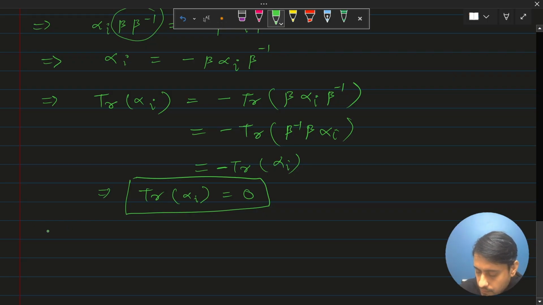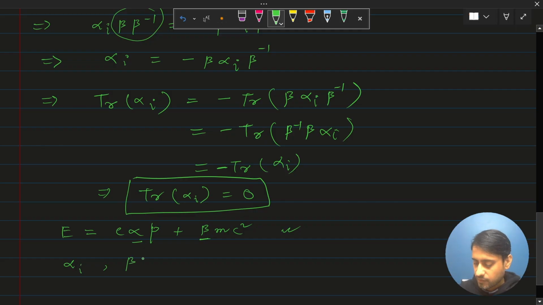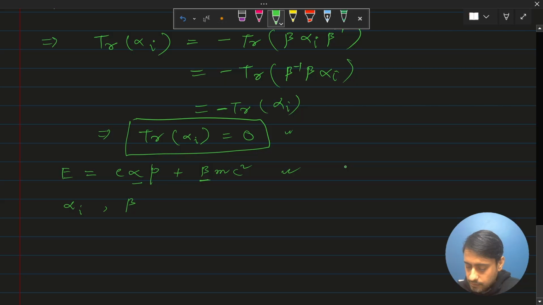We can say that after writing the energy expression in the form C alpha P plus beta m C square, we have assumed these matrices alpha I and beta, and we have relations which we already listed, including the two new ones. So let's give some numbering and write all the relations.